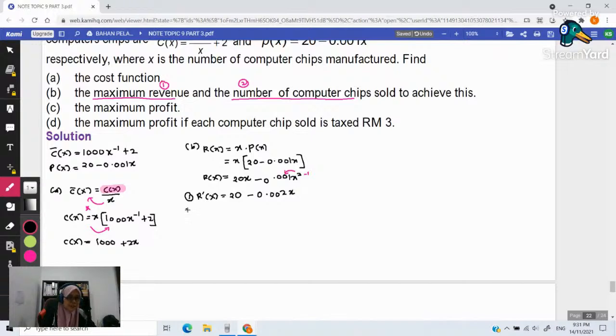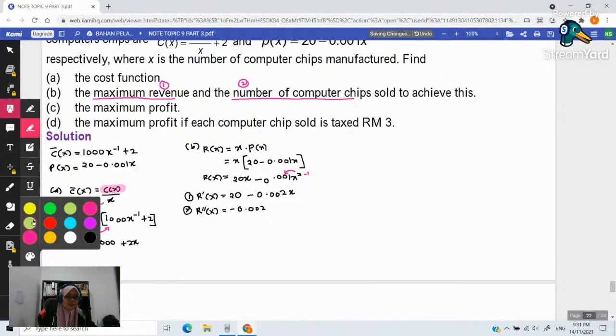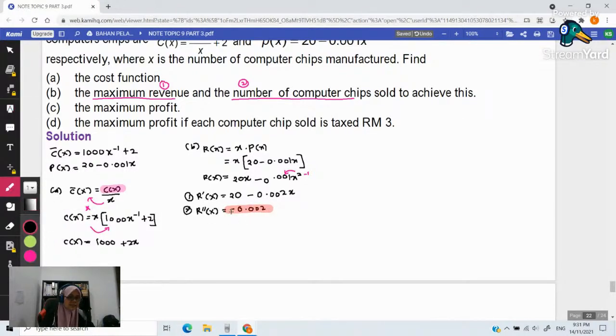What's your second step? Second step, we need to find R double prime, the second derivative. So when you differentiate 20, the answer equals 0. But when you differentiate negative 0.002x, the answer will be negative 0.002. Now since your second derivative is a constant, we can make a conclusion. Check this value.